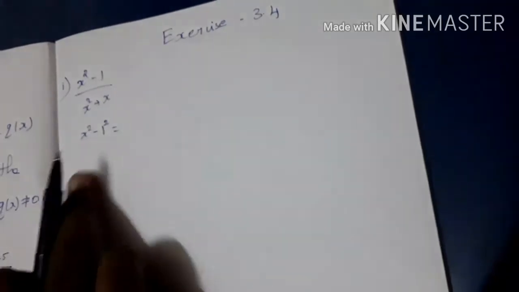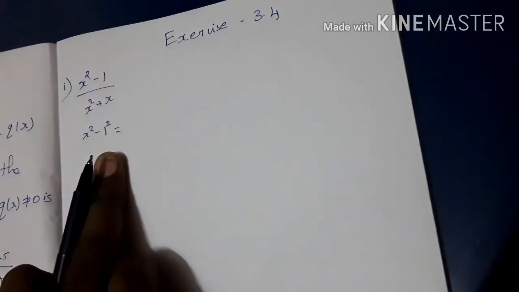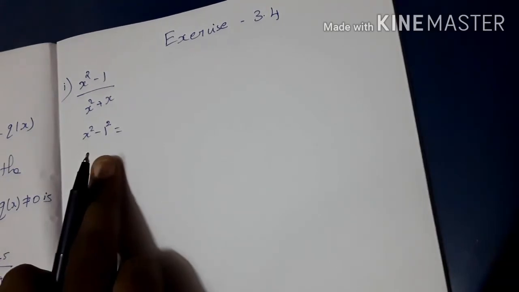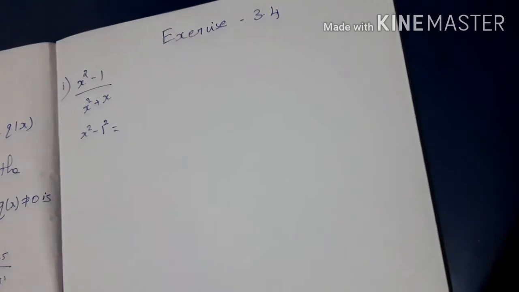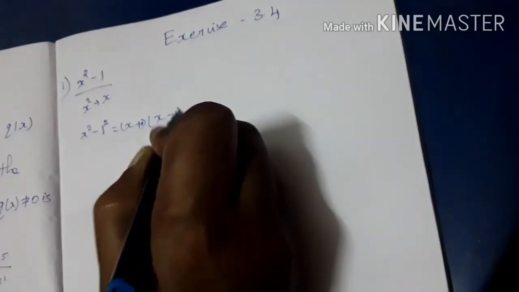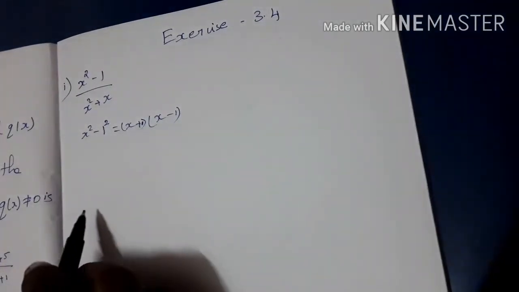So x square minus 1 square is in the form of a square minus b square, and the formula is (a plus b)(a minus b). So we write (x plus 1)(x minus 1).